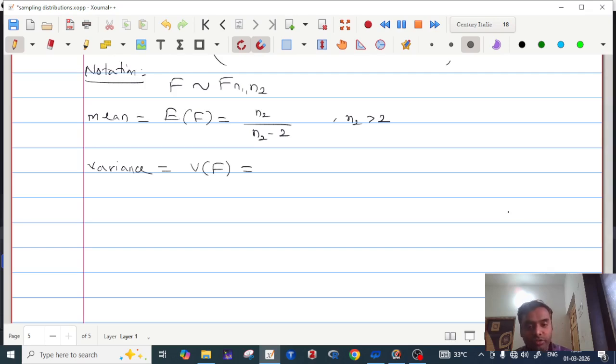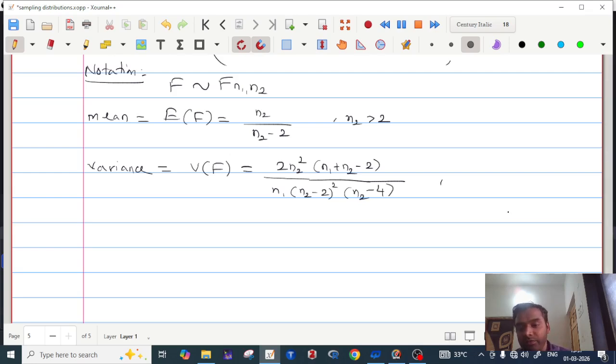Its variance is 2 into n2 square multiplied by n1 plus n2 minus 2, divided by n1 multiplied by n2 minus 2 whole square into n2 minus 4.